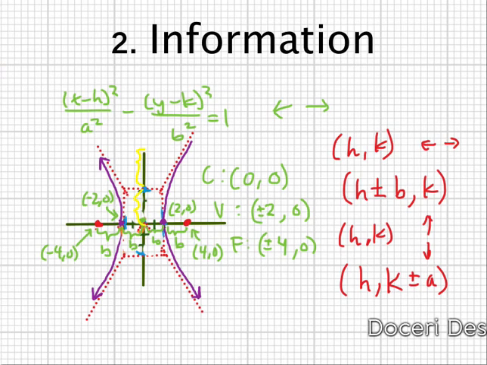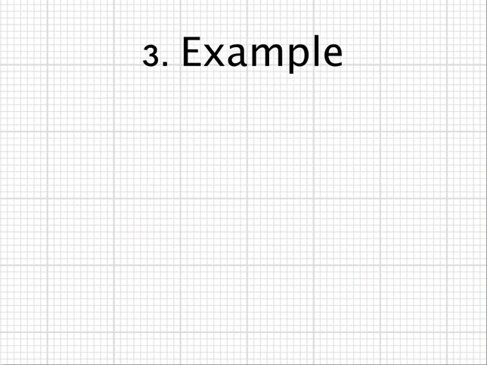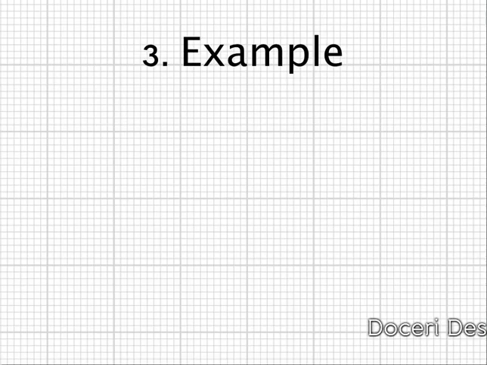So let's do an example real quick. Let's say I have to find the coordinates of the foci of the hyperbola with the equation x squared over 16 minus y squared over 9 equal to 1.